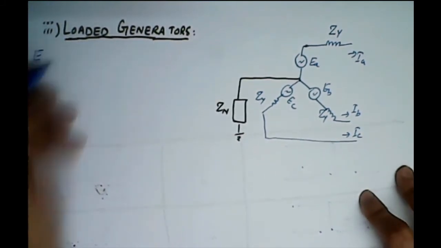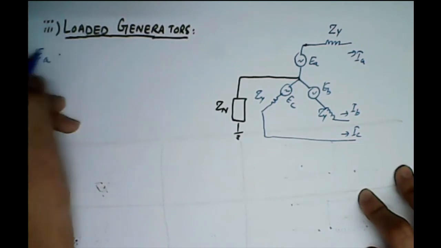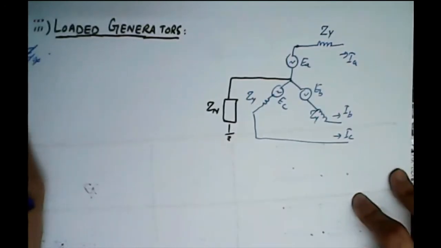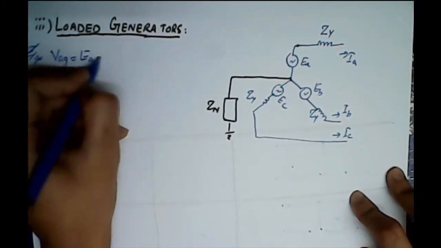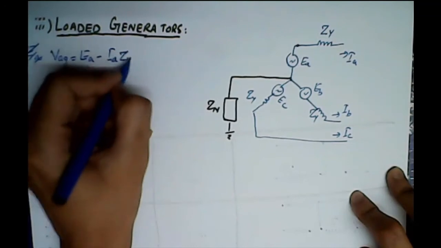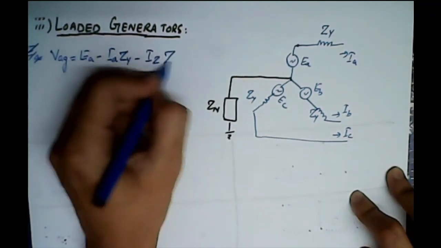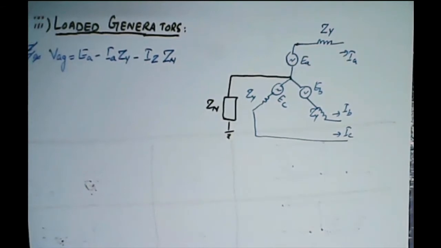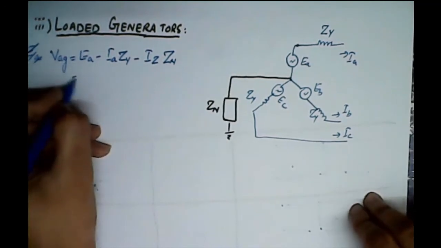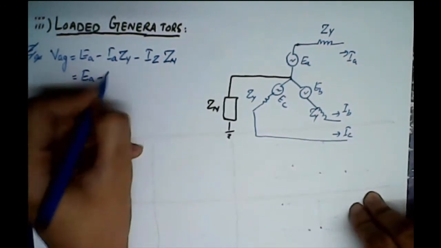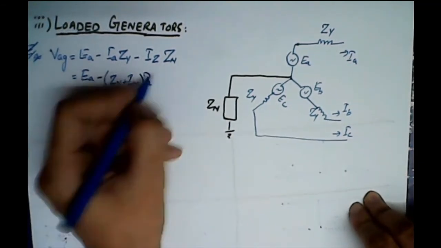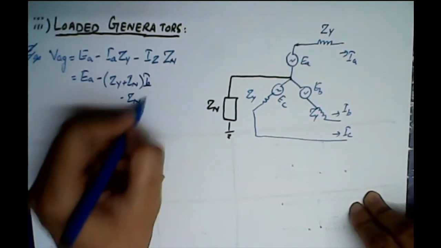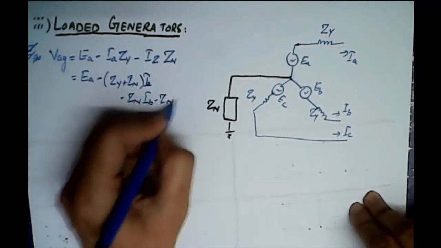So VAG will be equal to EA minus IA times ZY minus IN times ZN, and again when we simplify it and rearrange it, we can write it as EA minus (ZY plus ZN) IA minus ZN IB minus ZN IC.